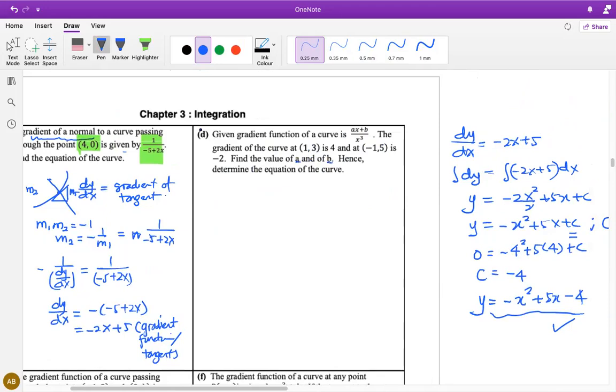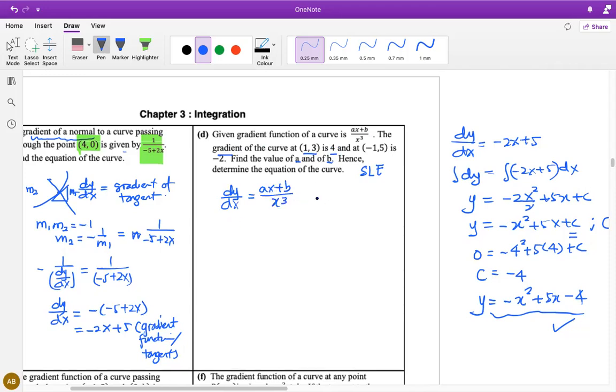This one needs simultaneous linear equations. Substitute in (1, 3) and 4. The 4 is the gradient, so dy/dx equals (ax + b) over x cubed.